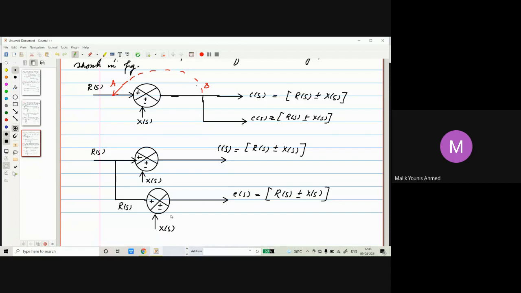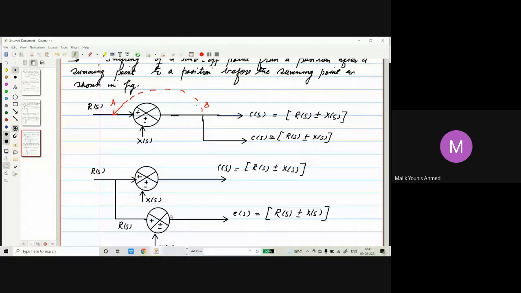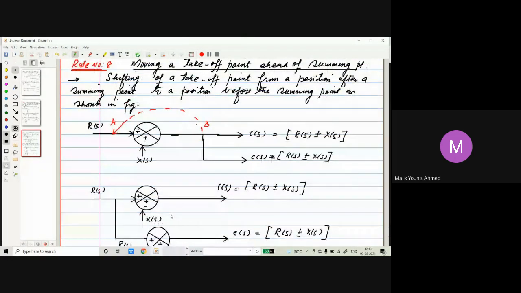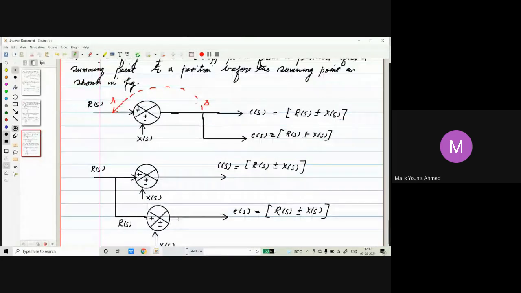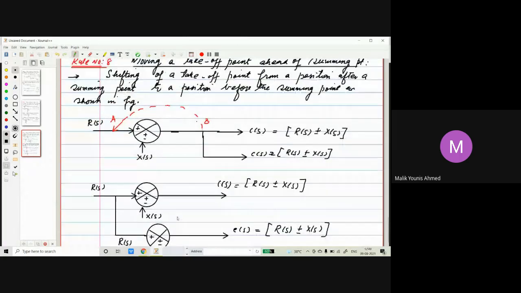So while we are moving a takeoff point from a position after a summing point to a position before a summing point, then what we need to do, we have to add a summer whose value of the signal is exactly same.